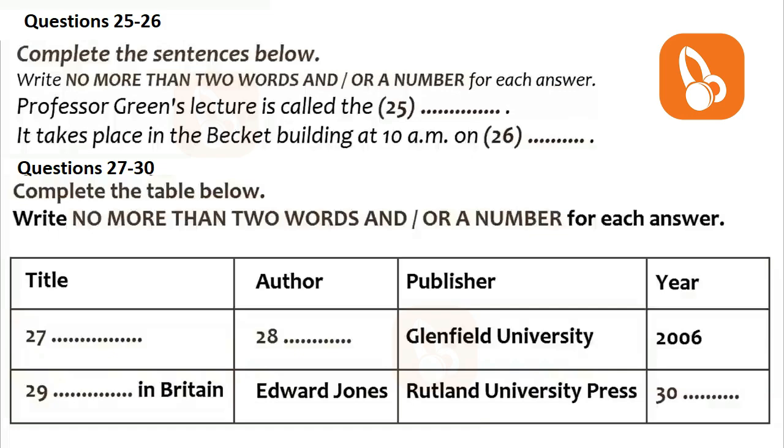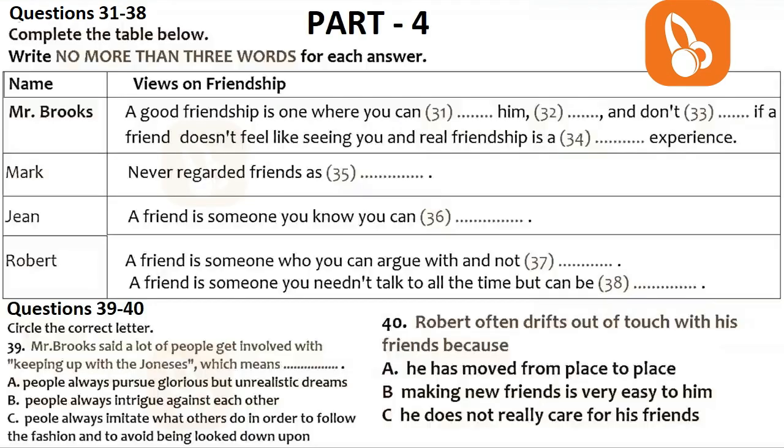Now turn to Part 4. Part 4. Listen to an interview. Mr. Brooks, Mark, Jean and Robert are being interviewed on the subject of friendship. First, you have some time to look at questions 31 to 40.